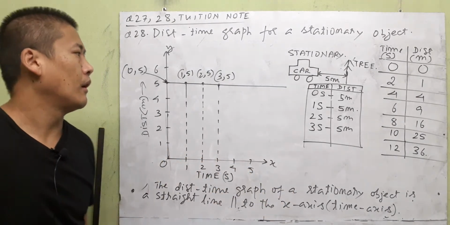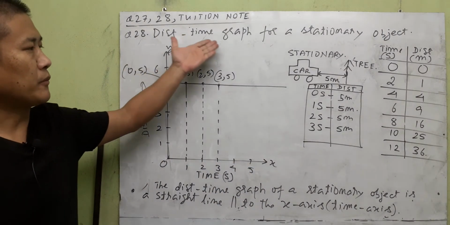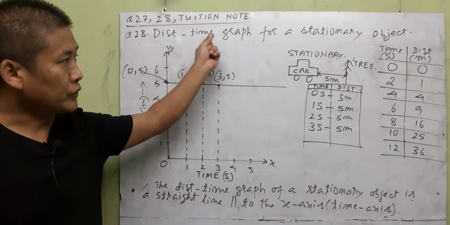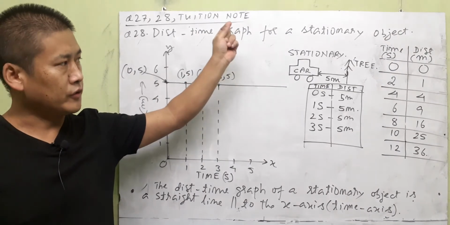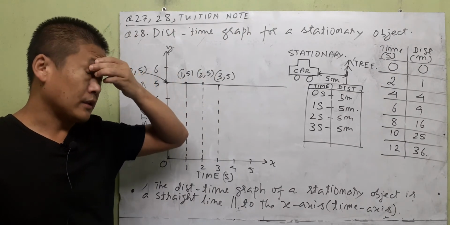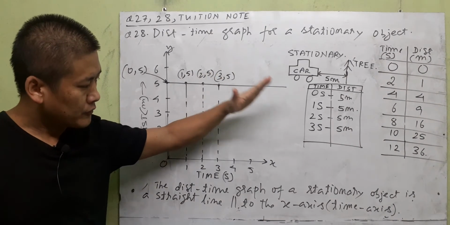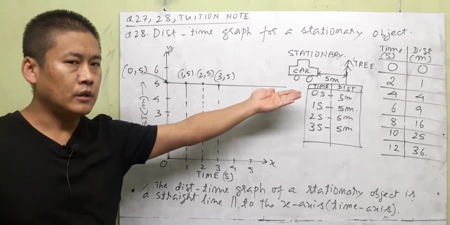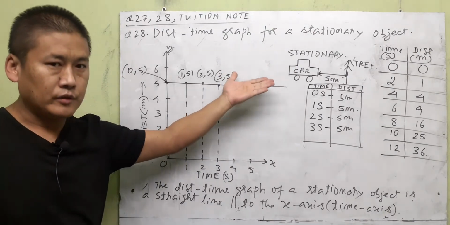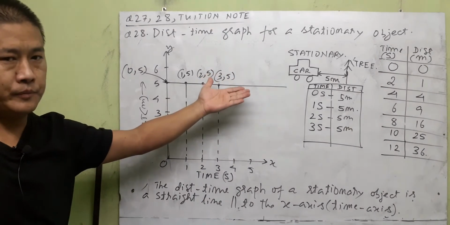So the three types of distance-time graph are: first one, for uniform motion or uniform speed, velocity, is a straight line inclined towards the x-axis. That means distance is directly proportional to time, right?